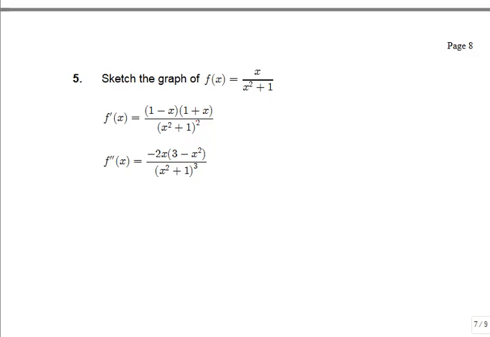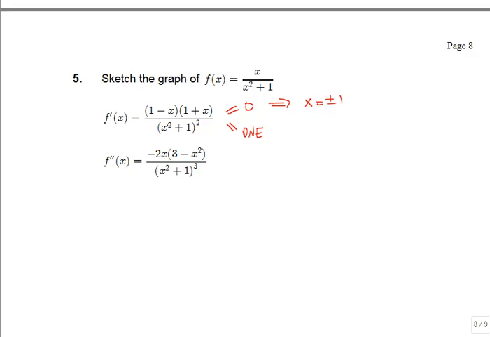Now, if you're going to be sketching a graph, then you always want to find those critical numbers of your first derivative, which are going to be wherever this is 0 or DNE. And because that top is already nicely factored for us, it should be real easy to see where that numerator is going to be 0. So that's going to happen at plus and minus 1.